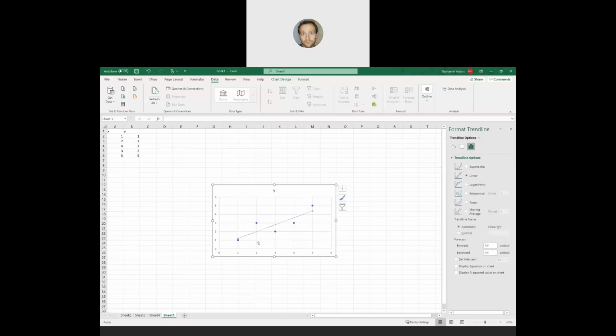So you can do things like predict, the x-axis here could be age, and the y-axis could be how much money they earn, or the x-axis could be the day of year, and the y-axis could be the price of a stock.